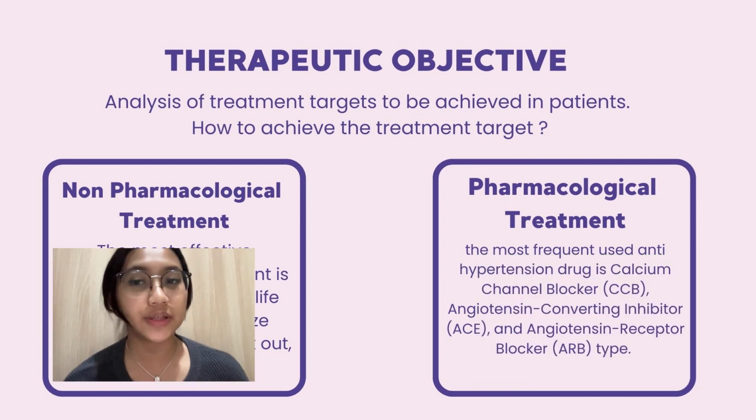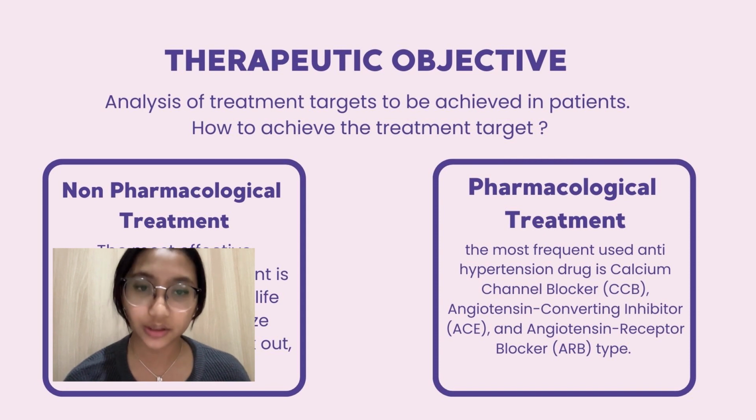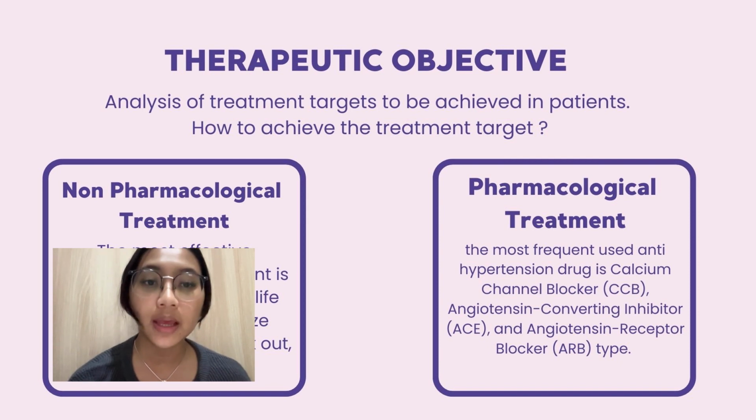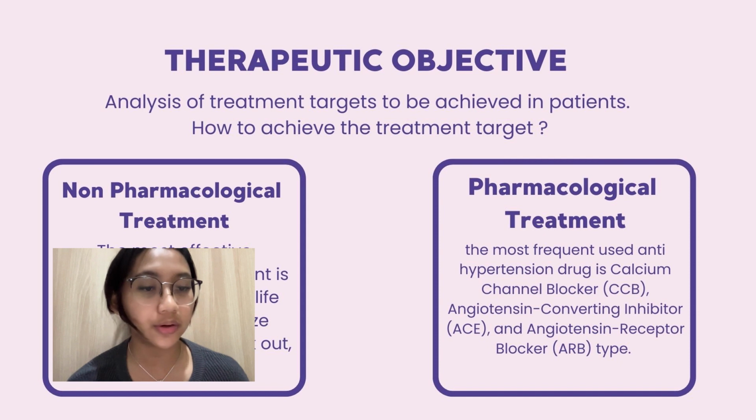Hello everyone, first of all, let me introduce myself. My name is Ana Clarista Nadine, or you can call me Nadine, and my 3 last digit number of student ID number is 236. And now I'm going to continue about the therapeutic objective of this case. Based on our research, the most frequently used anti-hypertension drugs are calcium channel blocker or CCB, angiotensin converting enzyme inhibitor or ACE, and angiotensin receptor blocker or ARB type.